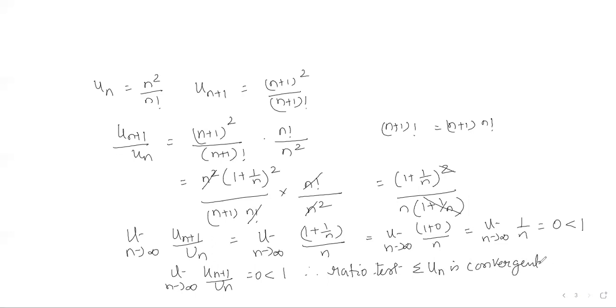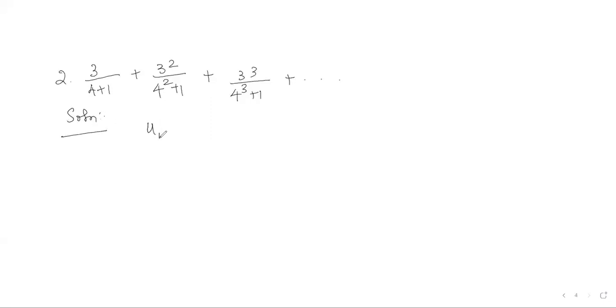So hence this ratio test helps me to find out whether the positive term series is convergent or divergent based upon the rules. The next problem, let us see the series of the form 3 by 4 plus 1, 3 square by 4 square plus 1, then 3 cube by 4 cube plus 1 plus etc. Now let us find out un.